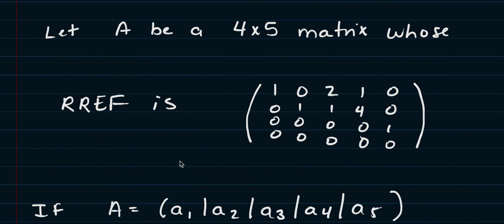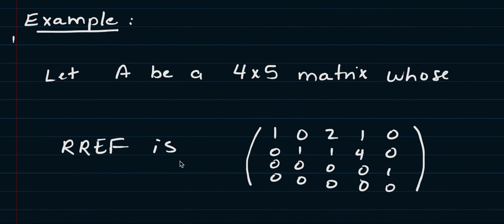Okay, the last problem we're going to do for this section is I'm going to give you a 4 by 5 matrix. So copy this down. We have a matrix. I'm not telling you what the matrix is, but I'm telling you the reduced row echelon form of it.